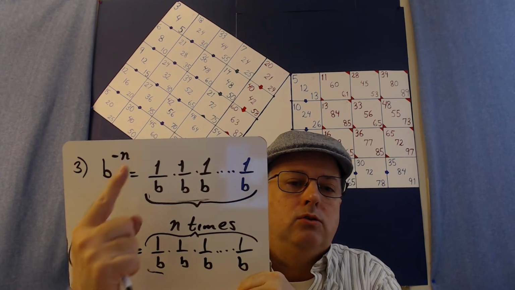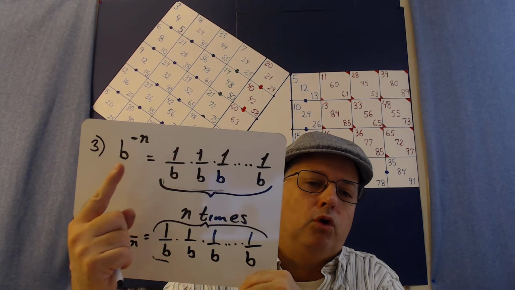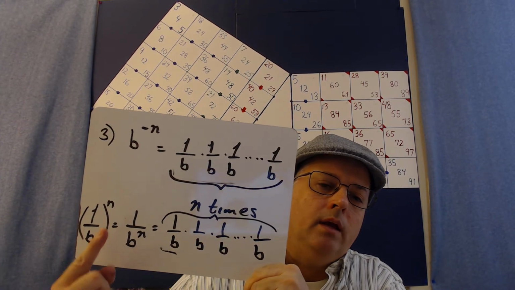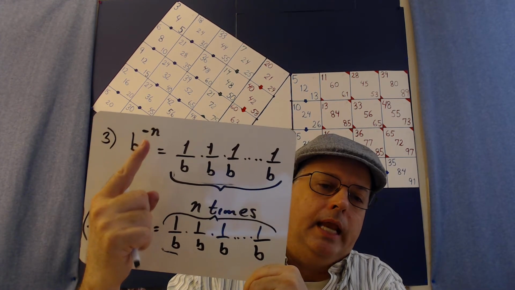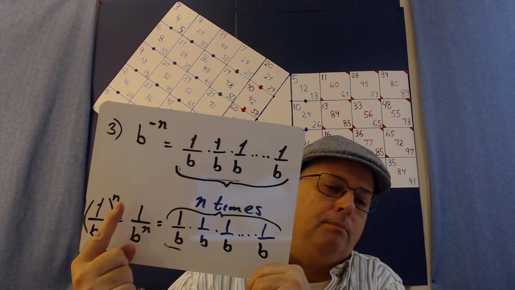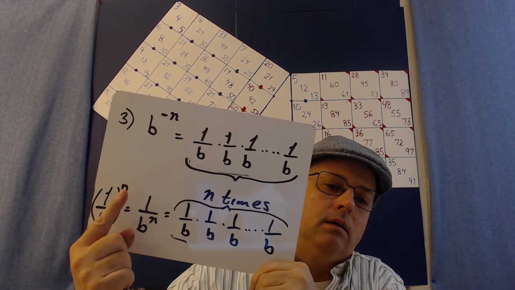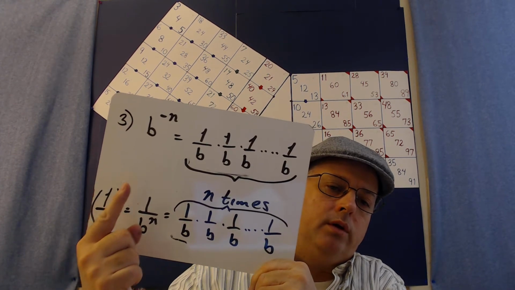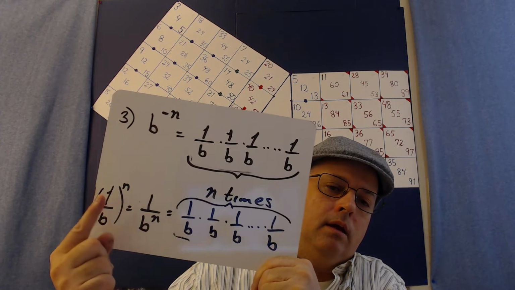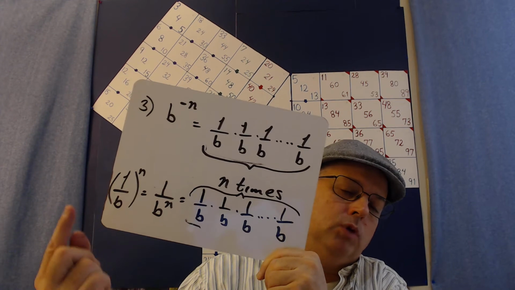The negative is telling us to divide. Instead of multiplying by b, we divided by b. That's the definition of the negative exponent. Since we applied that definition, we just go back to a positive exponent. Here I have b to the n, and 1 to the n just means 1 times 1 times 1, which will be 1.